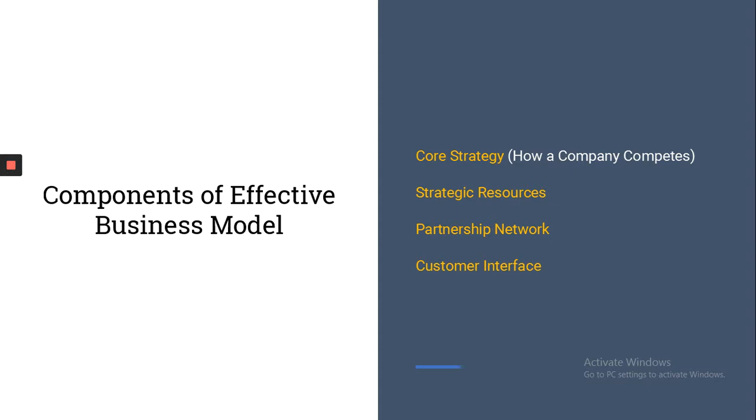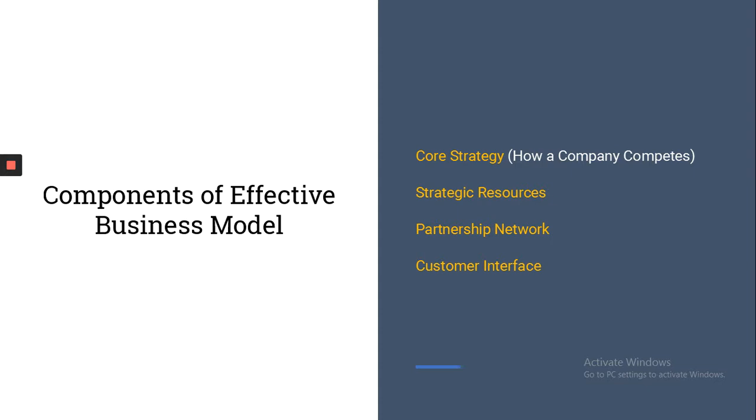So resources are mentioned in the business model. The third component is the partnership network. The fourth is the customer interface, how this business model would interact with the customers, because the user experience, or the customer experience, is so important. So these are the four main components of an effective business model.